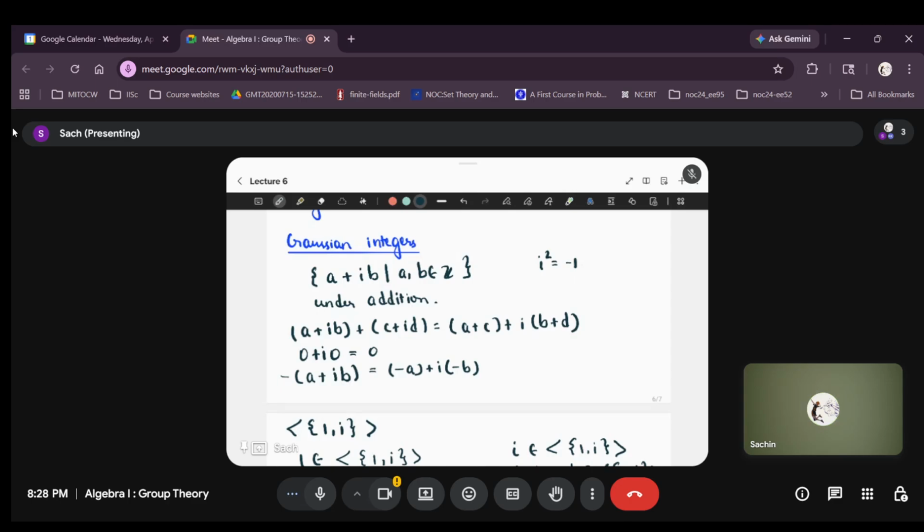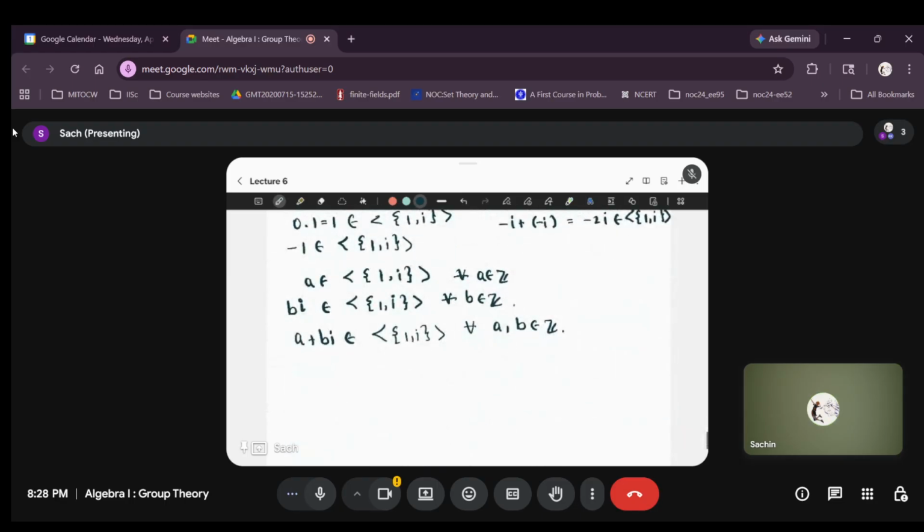So we call this G, and G is a subgroup of complex numbers.